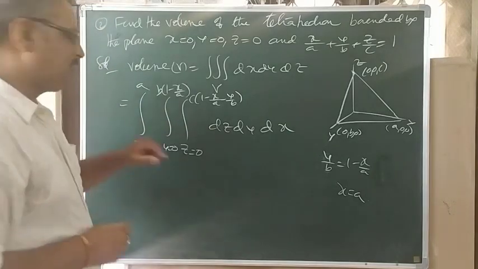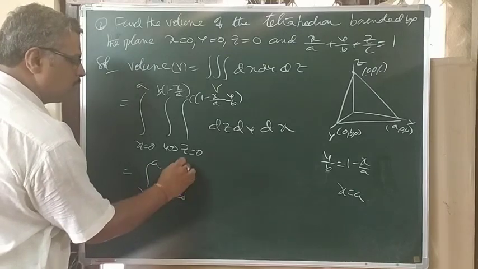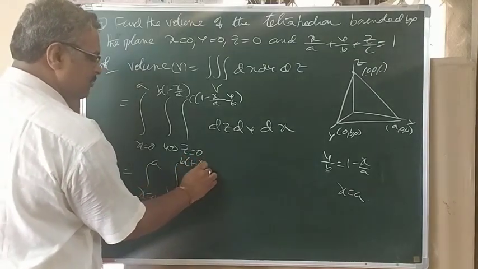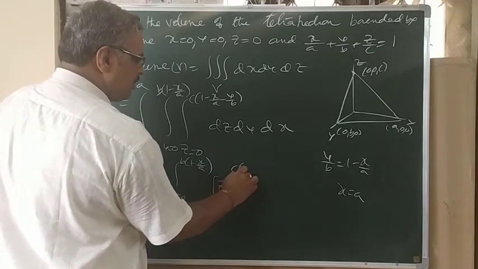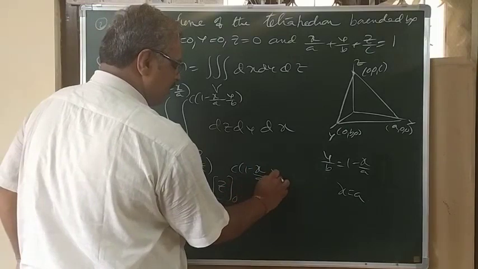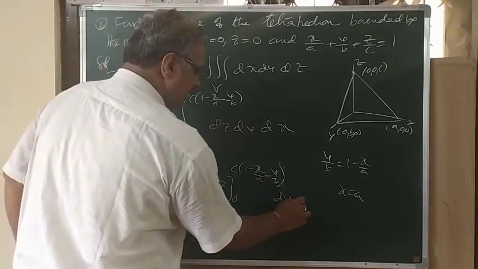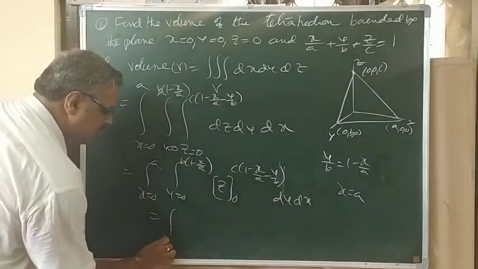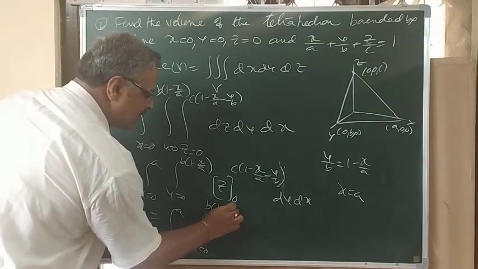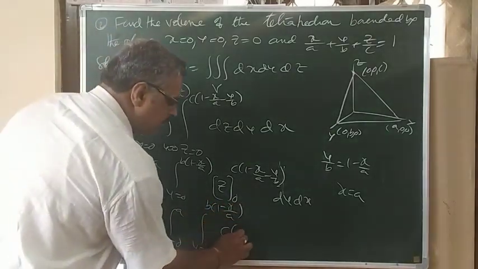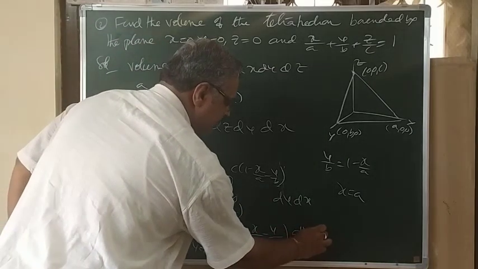So first integrate with respect to z. x is 0 to a, y is 0 to b into 1 minus x by a, and the integral of dz is 0 to c into 1 minus x by a minus y by b, dy dx.